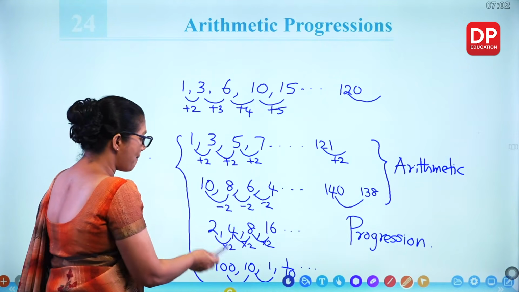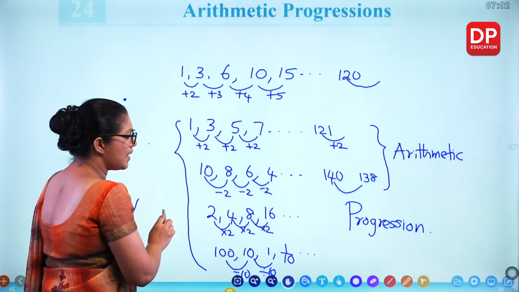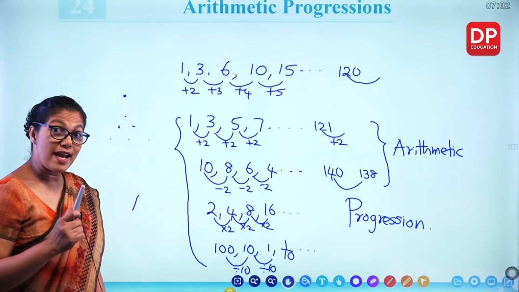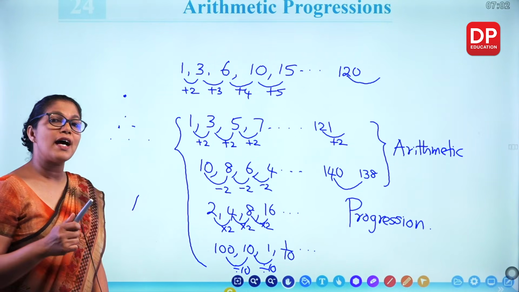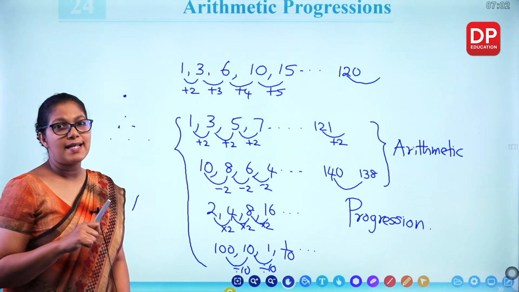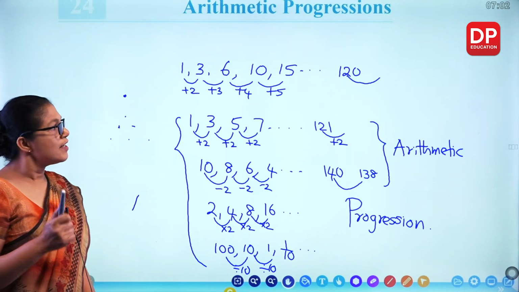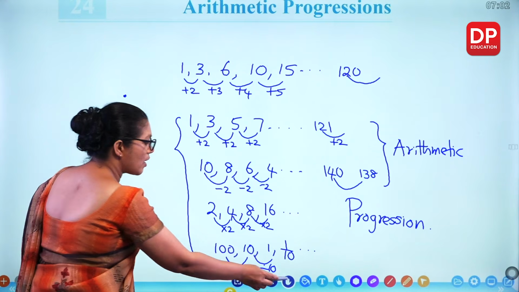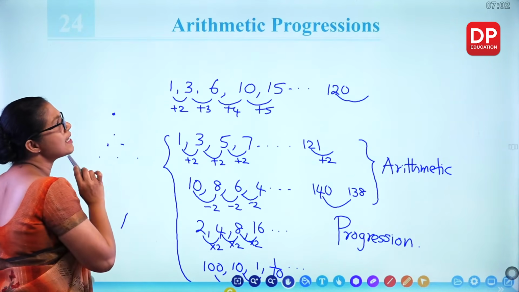And if we are multiplying or dividing by a constant ratio, we call those geometric progression. We will discuss that in grade 11. Today we are going to talk about arithmetic progression.